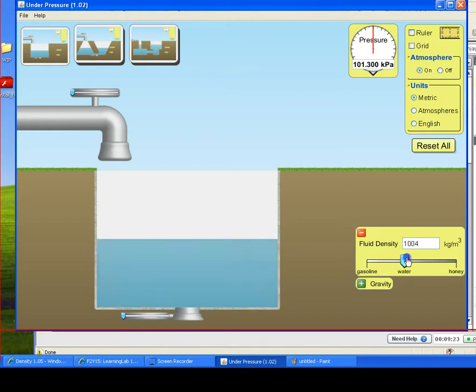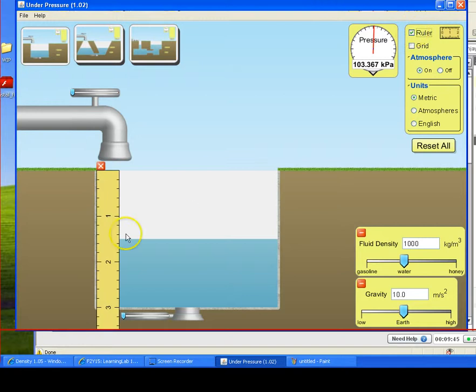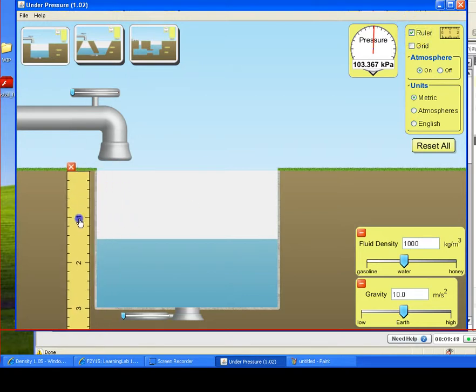For now, I'm going to just keep it at water. The second thing we can fix is gravity, and since we've generally worked with 10 meters per second squared as acceleration due to gravity, we'll keep that as the setting. Now if I put a ruler here at the top, this ruler appears, which helps us measure water levels.